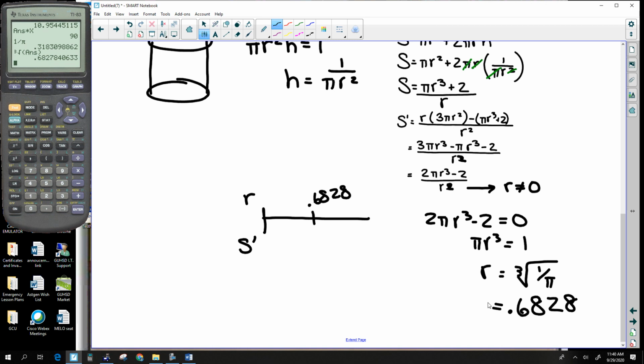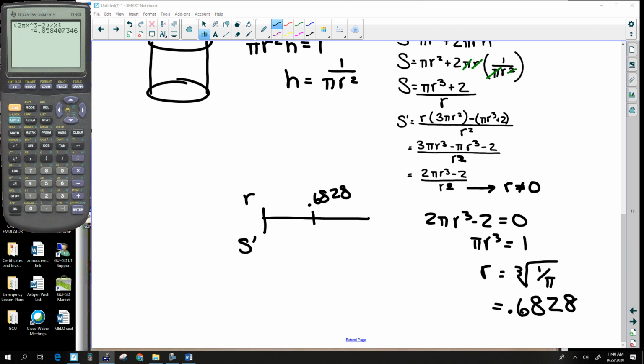Let's test that out. Let's go just a little bit smaller. Let's go 0.5 into the S prime, which is 2 pi r to the third minus 2 divided by r squared.